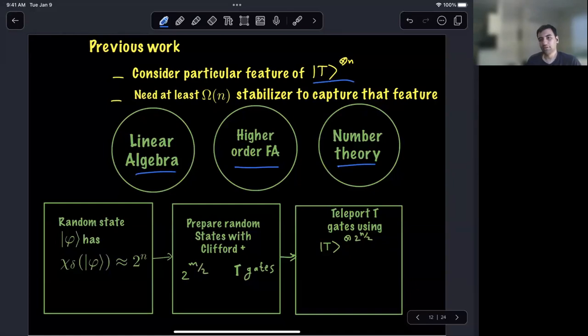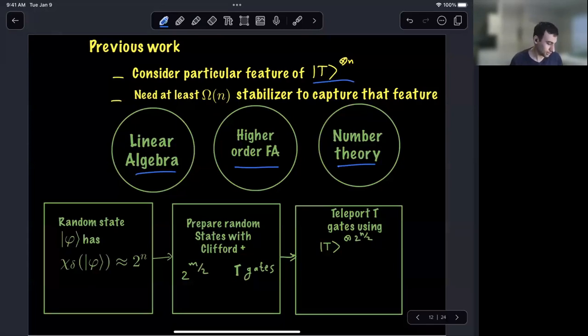The way that we thought about this problem was a bit different from those work. We said that proving a lower bound for this T state, also called magic state, is difficult. Other people tried, and the best thing that they could prove is a linear lower bound. We tried to consider the stabilizer rank of a random state. So you sample some n-qubit random state according to the Haar measure, and just out of curiosity, you can ask what is the stabilizer rank of that state.